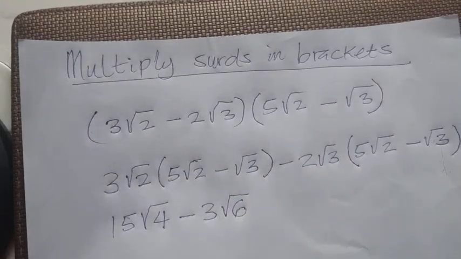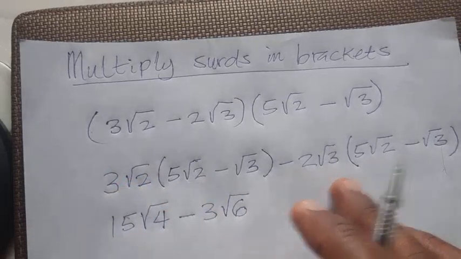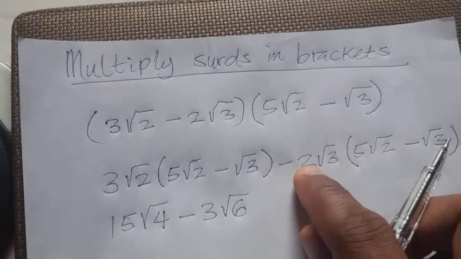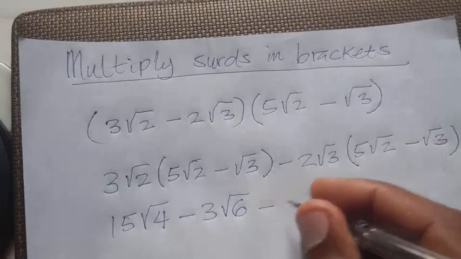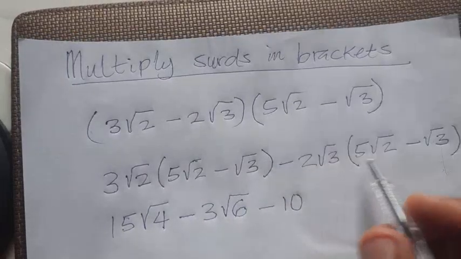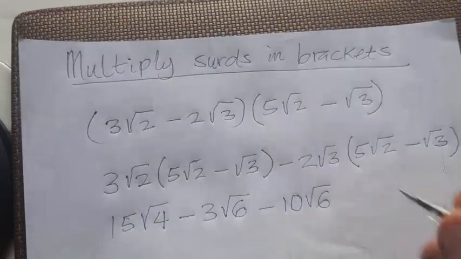So we keep that. Very simple. We are done with the first bracket, so we go to the second bracket now. Negative 2 times 5 gives negative 10. We keep that. Then root 3 times root 2 gives root 6. We keep that.